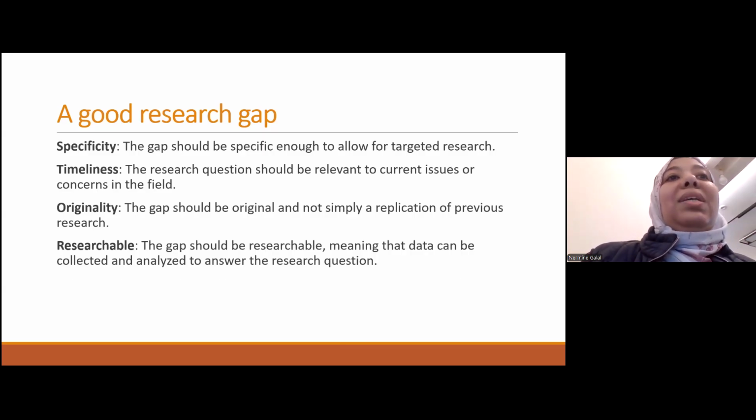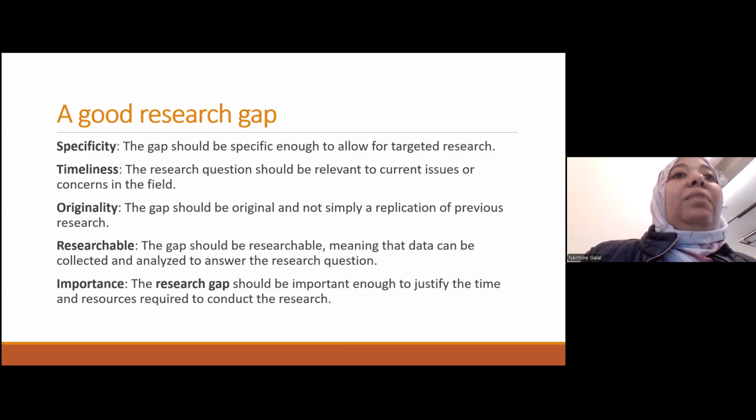Researchable, which means that the data is easily collected and analyzed. You have access to the population, and you have access to the environment where you need to work. And finally, importance. The research gap is important enough because you're going to invest much time, much effort, and many resources to conduct the research, so it must be important.